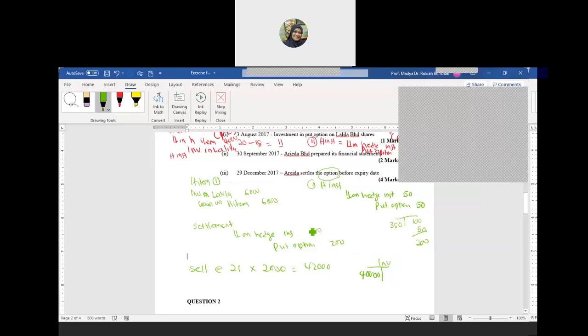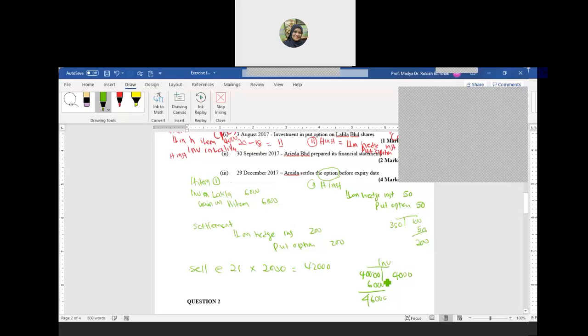Then look at your journal entry. At the first journal entry, you have a loss in the investment of 4,000 here. Then you have an increase of 6,000, so the total amount of your investments here is 46,000 on the debit side.